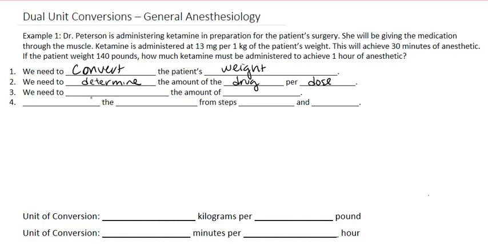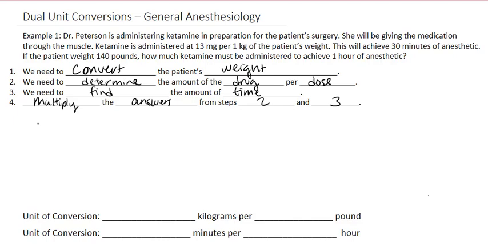Then we need to find the amount of time. And then lastly, we're going to multiply the answers from steps 2 and 3. So let's start by converting the weight.